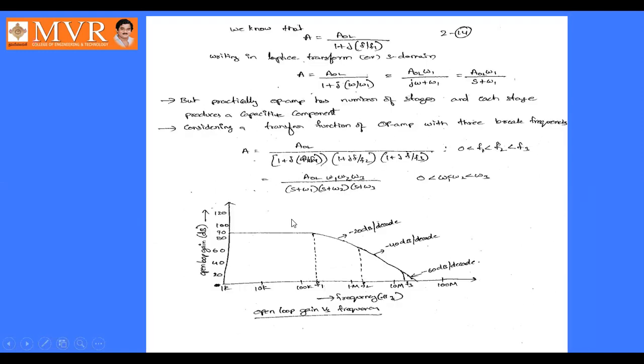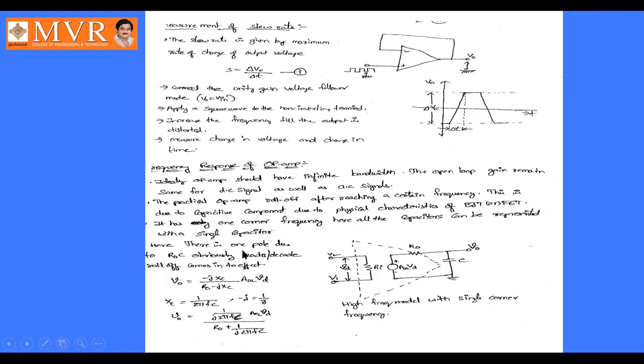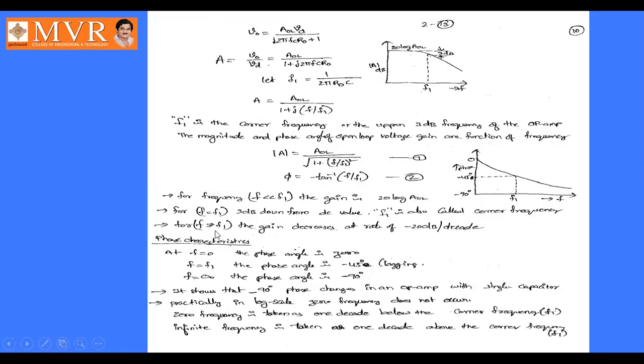Coming to the phase characteristics, at F equal to 0, the phase angle is 0. At F equal to F1, the phase angle is minus 45 degrees. So the output signal is going to lag the input signal by around minus 45 degrees.